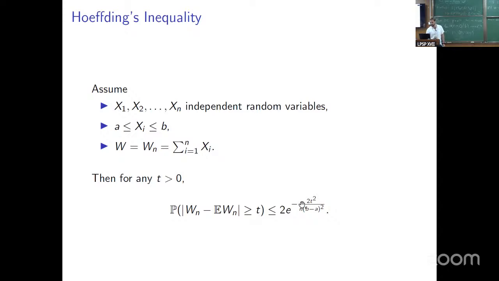And so a better way to write this would be: the probability that Wn minus the expected value of Wn is greater than, this thing is of order square root of n, so it should be square root of n times t, is less than or equal to 2e to the negative 2t squared over (b minus a) squared, like that.